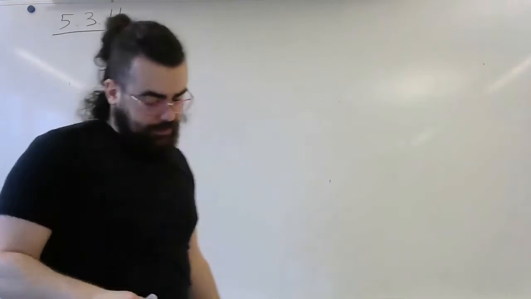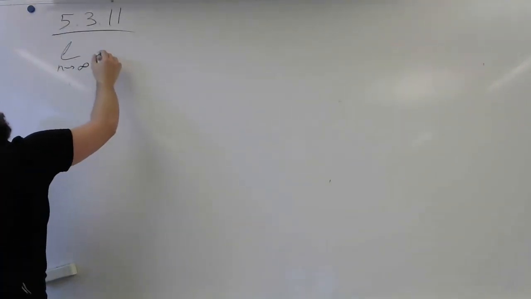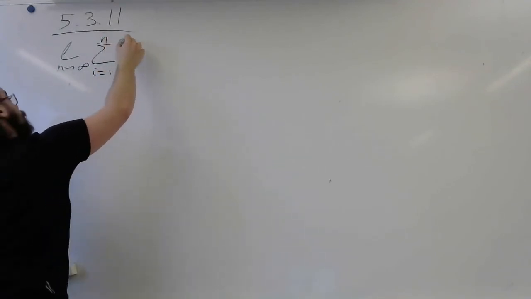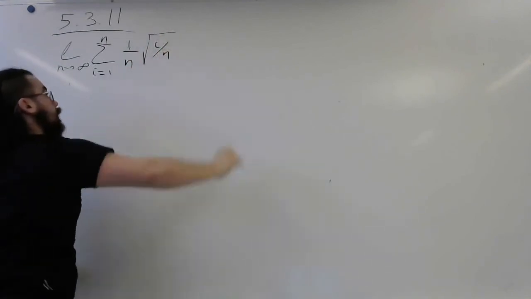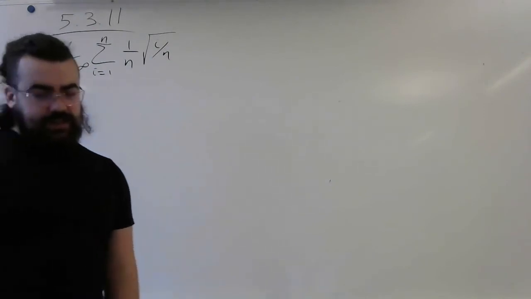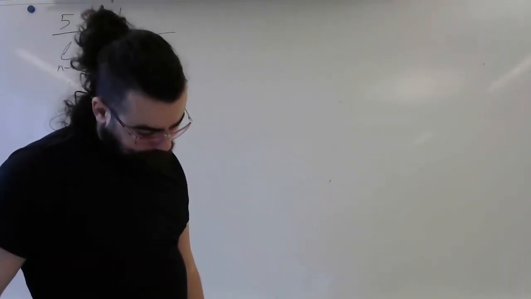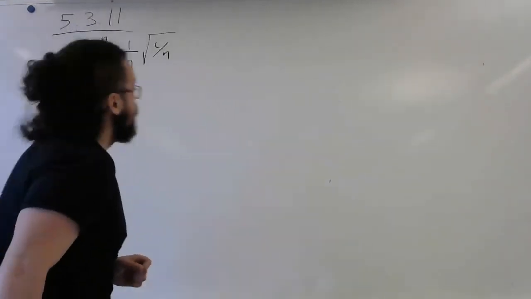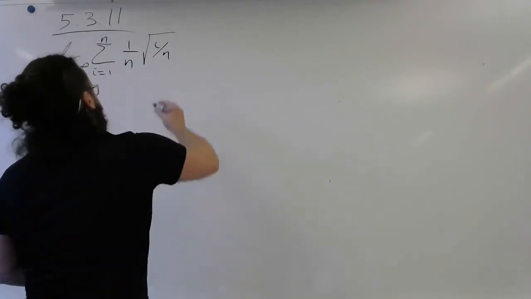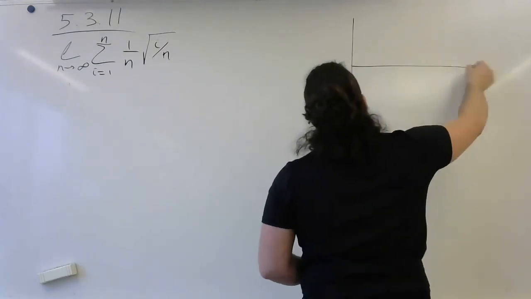So we have number 11. We want to express this as a Riemann sum. Or more concretely, as a definite integral. In order to do that, I'm going to try and figure out which function it belongs to.